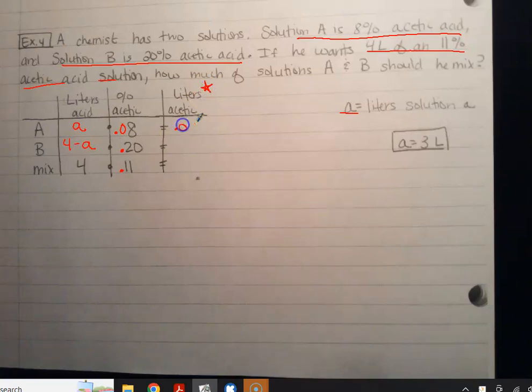So we're going to have 0.08A. We're going to have the quantity 4 minus A times 0.20.